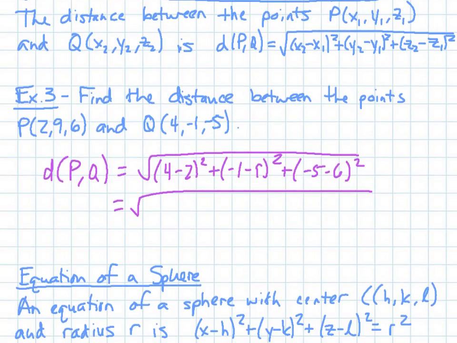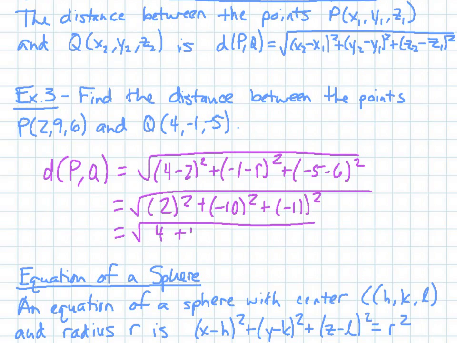Remember, the order doesn't matter for any of those, so 2 squared plus negative 10 squared plus negative 11 squared. Okay, and then that gives me 4 plus 100 plus 121, and that's going to equal 225, which comes out nicely as 15. So the distance between those 2 points is 15 units.